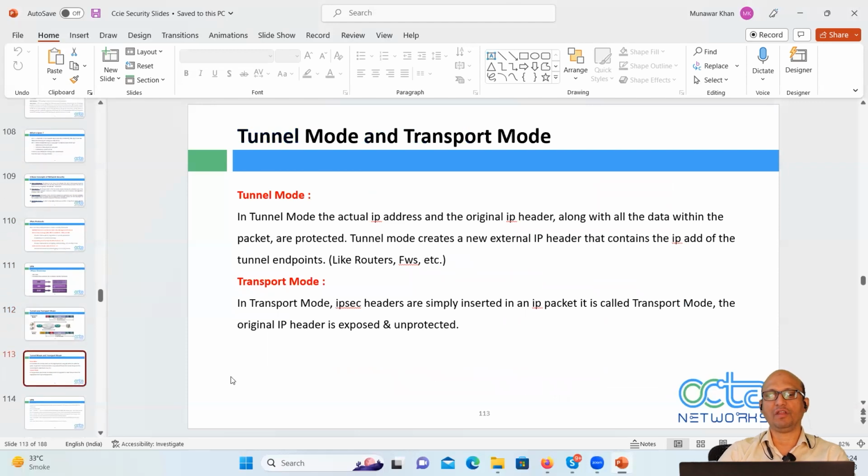So I gave you the definition. In tunnel mode, the actual IP address and the original IP header along with all the data within the packet are protected. Okay.